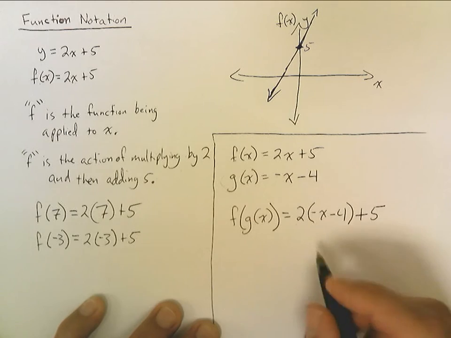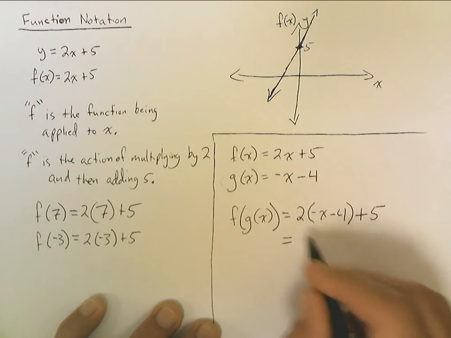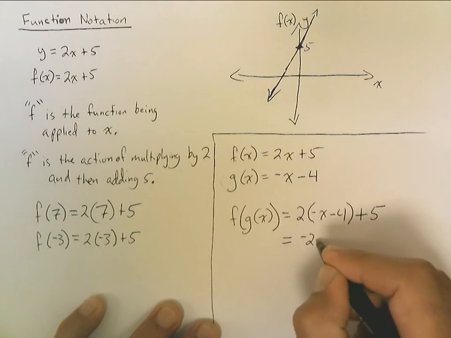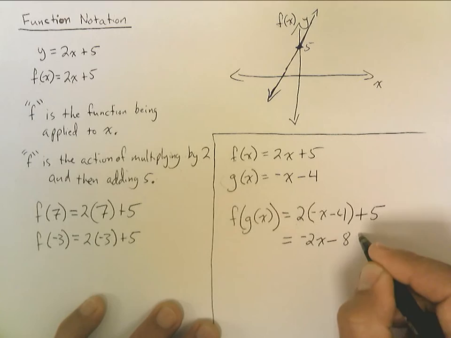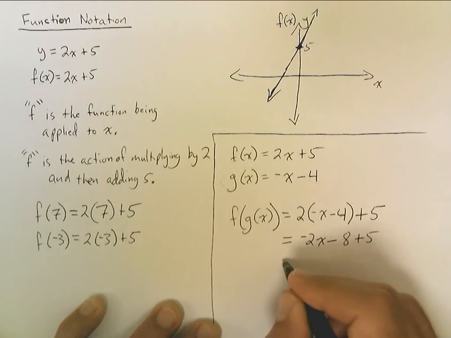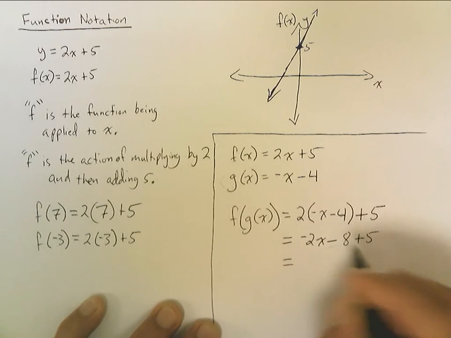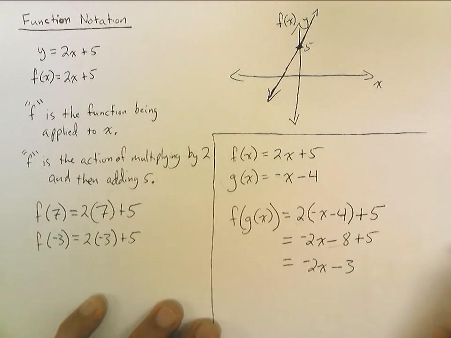And from there, if we wanted to, we could even simplify this. We would distribute in this 2. 2 times negative x is, of course, negative 2x. Minus 2 times 4 is 8. Plus the 5. And then we can, of course, combine our like terms here, and we get negative 2x minus 8 plus 5 is effectively subtracting 3.